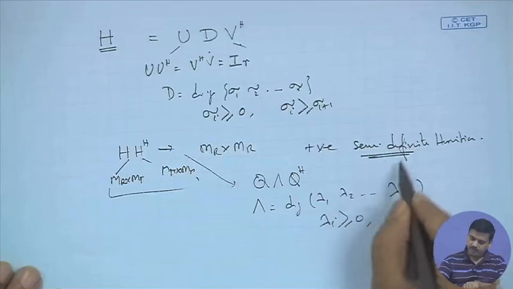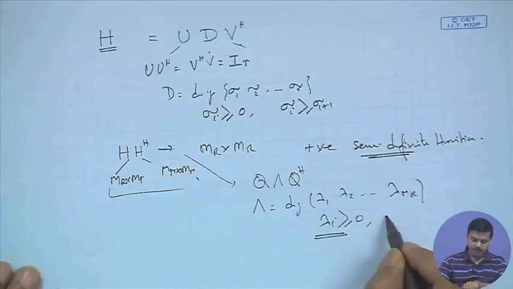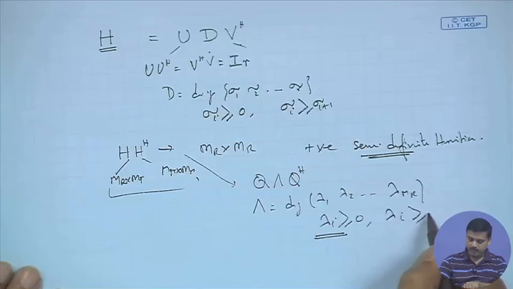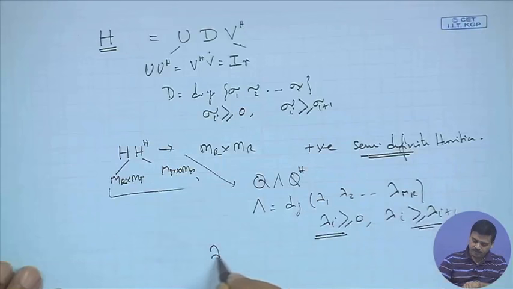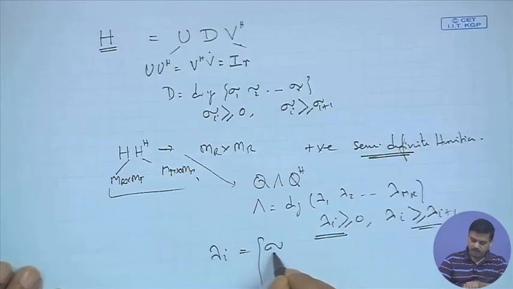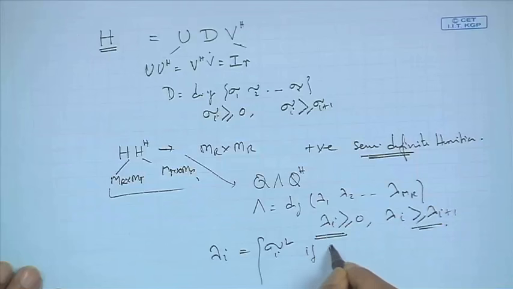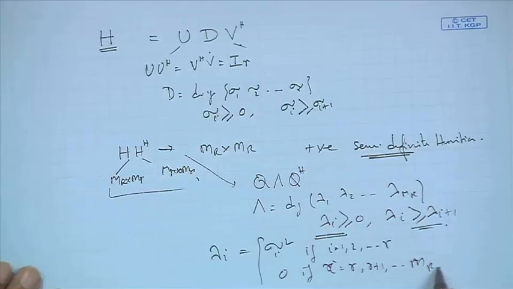Semi-definite means each of the eigenvalues is greater than or equal to 0, and lambda i is greater than or equal to lambda i plus 1, that means it is ordered. And we also have lambda i equal to sigma i squared if i is equal to 1 up to R, and equal to 0 if i is equal to R plus 1 up to MR.